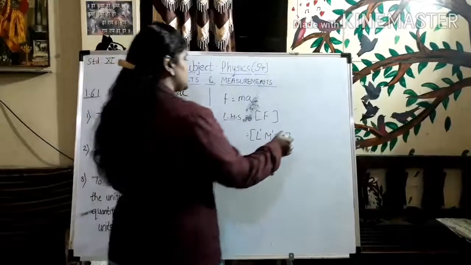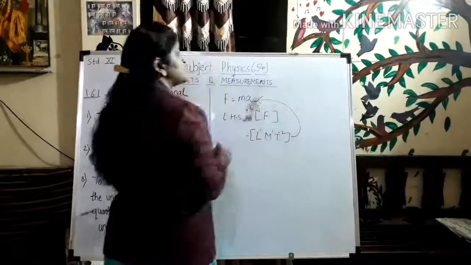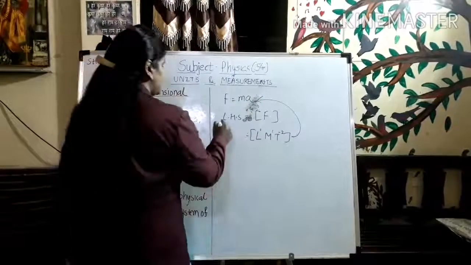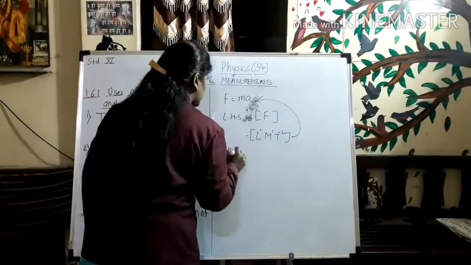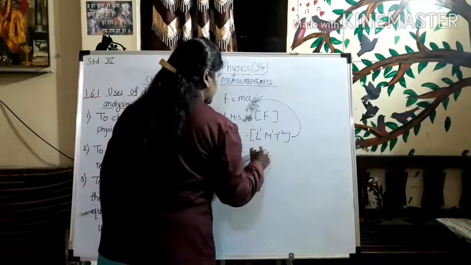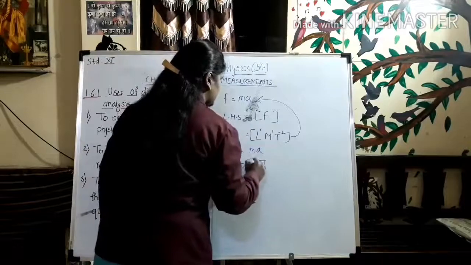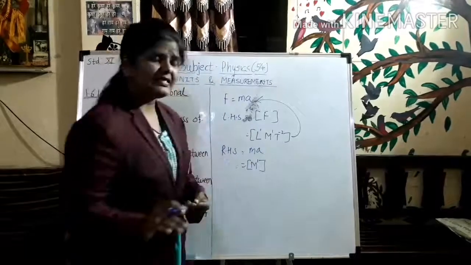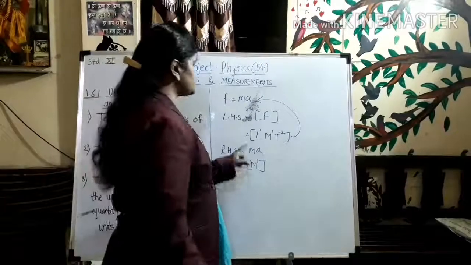Now we are going to see whether this side is also giving the same dimension or not. So let's see. We'll take the RHS. RHS is ma, right? So the dimensions of m is nothing but M1. There is no length, there is no time. So I just write M1.